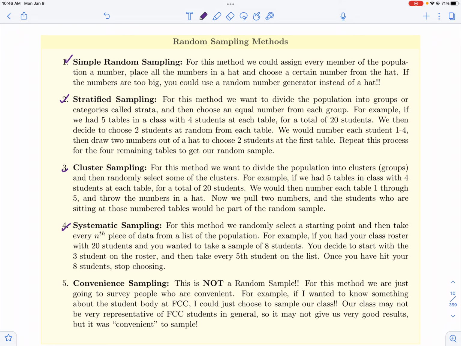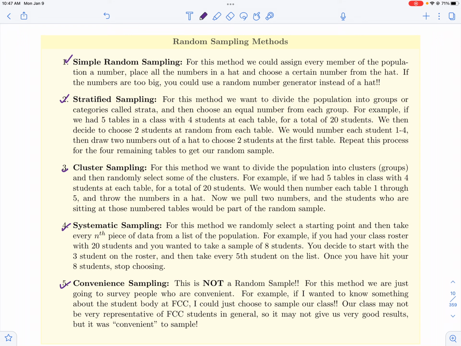The last one is an easy way to collect a sample, but it's far from random. This is basically just a convenience sample. This could be a matter of just asking a question of people you're in class with, because they're easy to access. It could be standing outside of a building and asking whoever you run into.